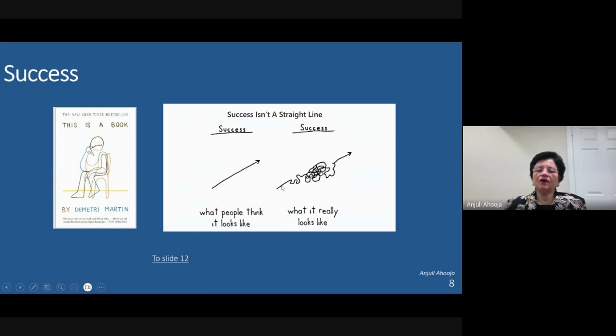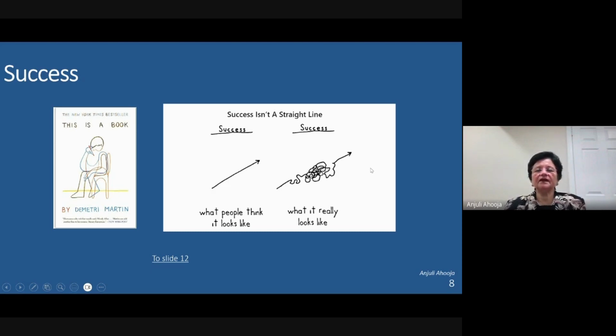But as we all know from our experience, that is not true. It is always an iteration, and it's not a very comfortable path to reach success. And that's why, if you see this picture, it says what people think it looks like, but what it really looks like. There are a bunch of iterations here, failures, mistakes, several attempts to go from the initial point to the last point. So reaching success is not easy.